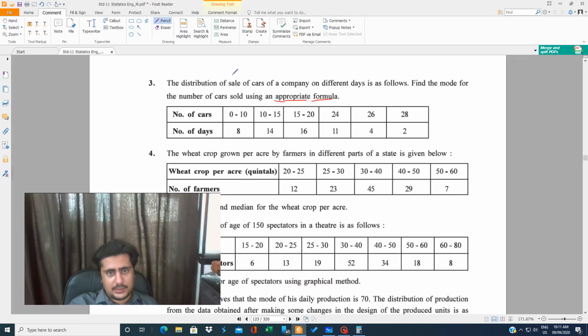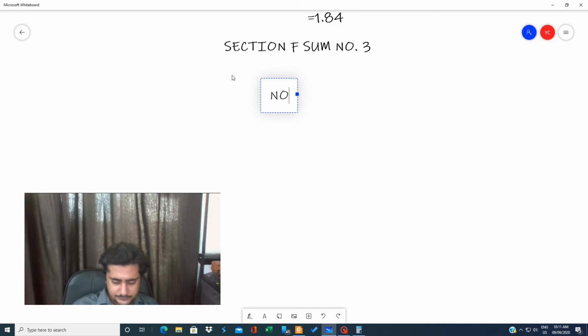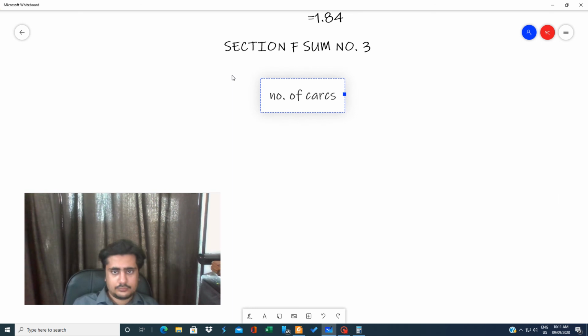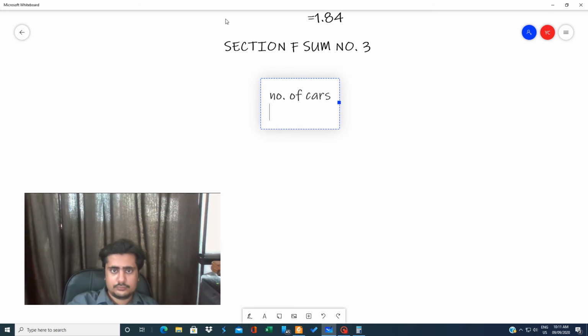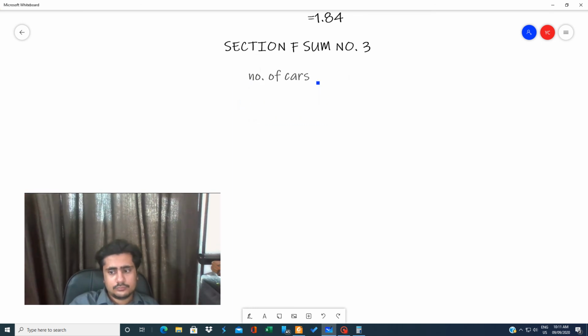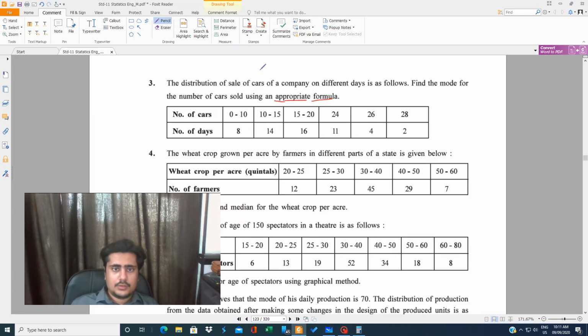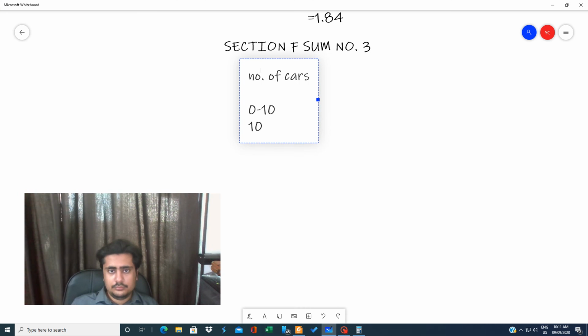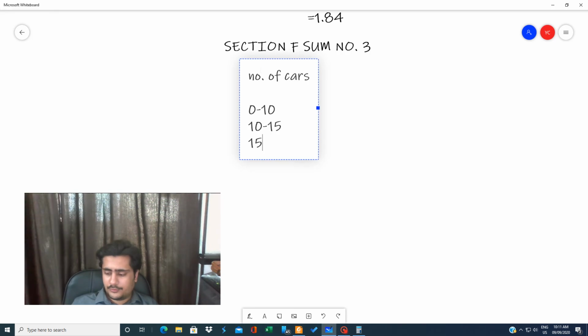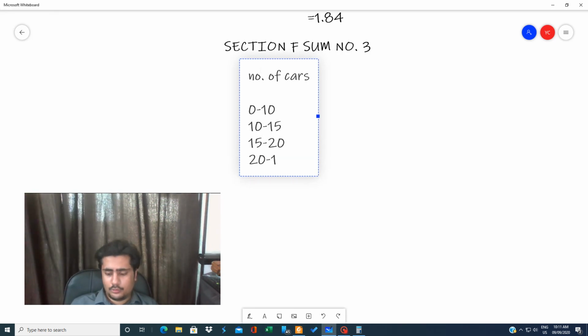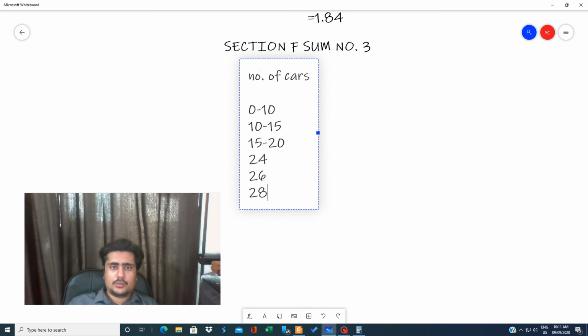Number of cars: 0 to 10, 10 to 15, 15 to 20, 20 to 24, 24 to 26, 26 to 28.